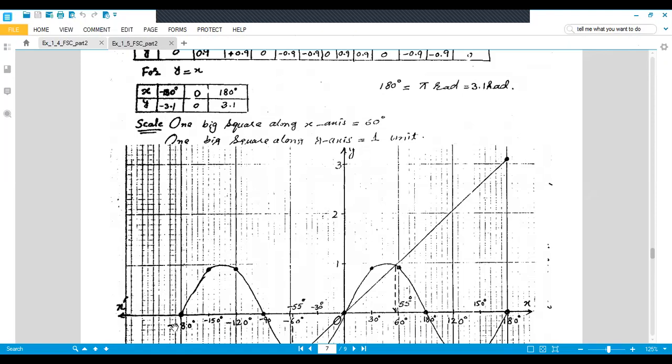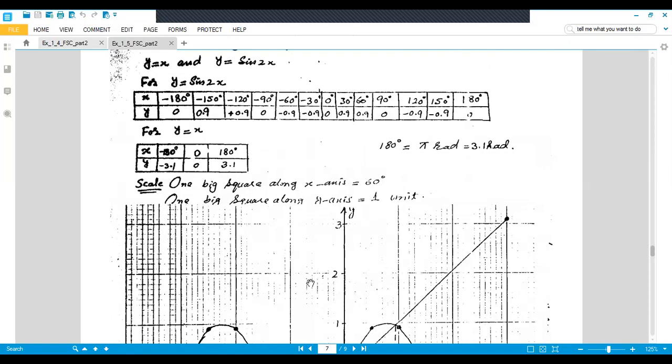So minus 180, minus 150, minus 120, minus 90, minus 60, 0, 30, 60, 120, 150, and 180.